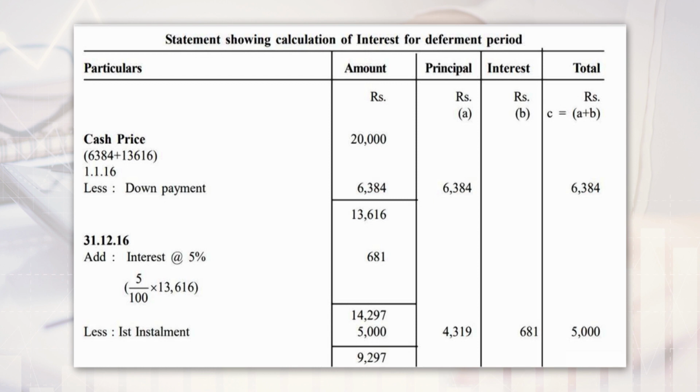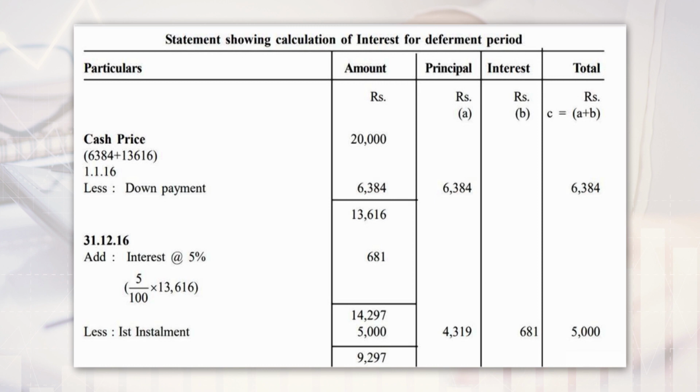So the total amount outstanding at the time of second year is 14,297. Out of this first installment 5,000. So out of 5,000, 681 is the interest and the remaining 4,319 is the principal amount.